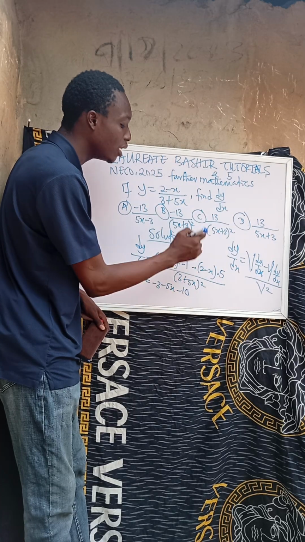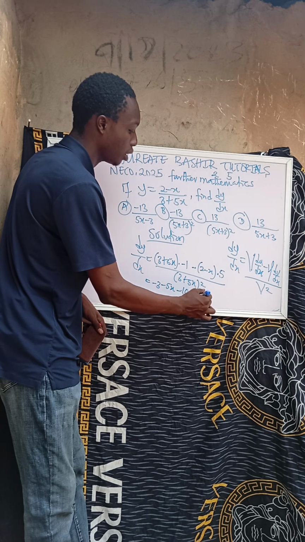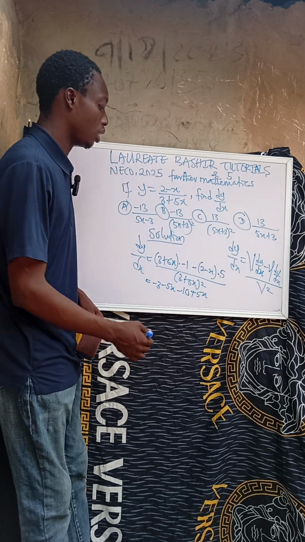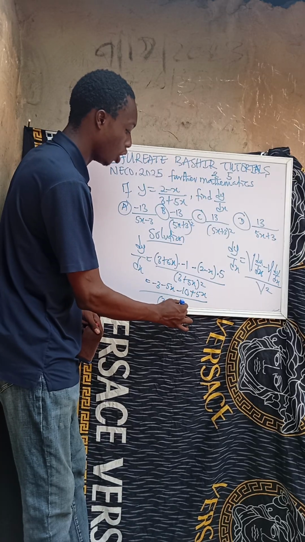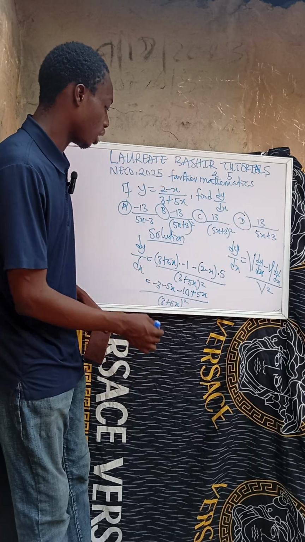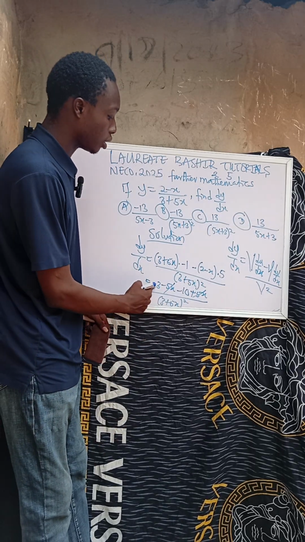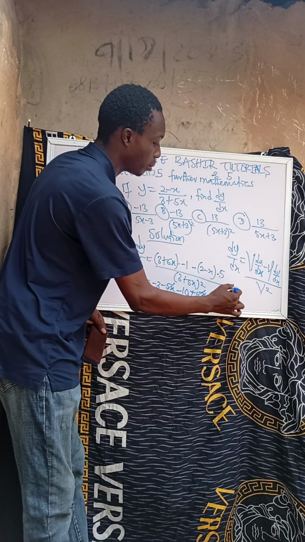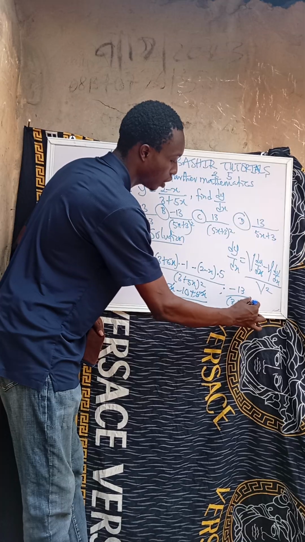So minus 5 times minus x, now you have plus 5x. Yes, all divided by (3 plus 5x) all squared. So what do we cancel? Minus 5x cancels plus 5x, right? So minus 3 minus 10, you have minus 13, all divided by (3 plus 5x) all squared.